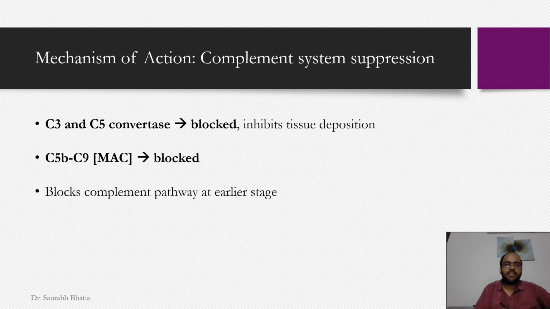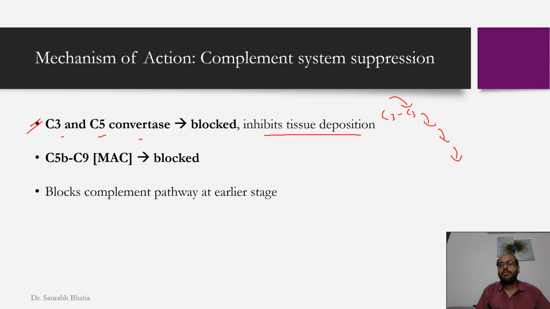Complement system suppression is easy. IVIg blocks the C3 and C5 convertase and inhibits tissue deposition. Sometime in the future I will cover the complement system activation. It's a very interesting system to know about. There's a stepwise conversion from C3 to C3a, C5, C5a, and all that.